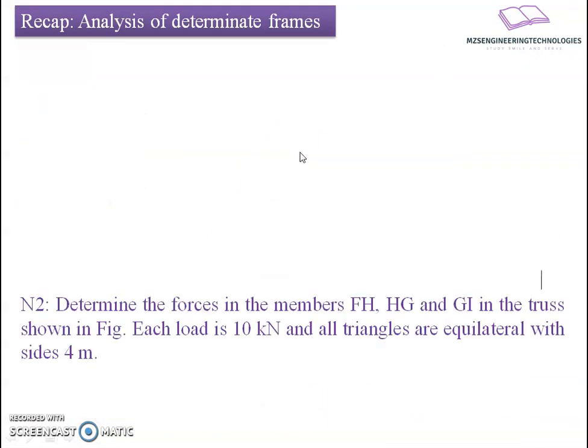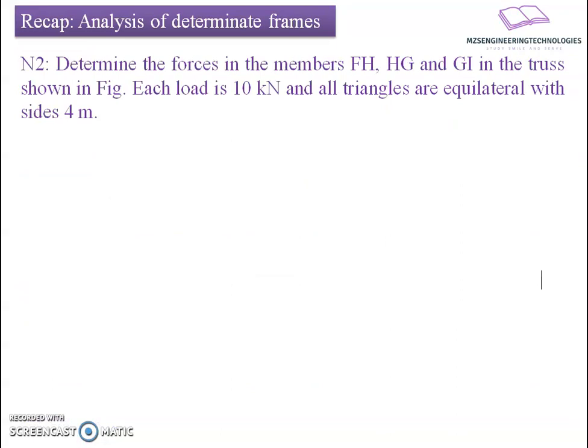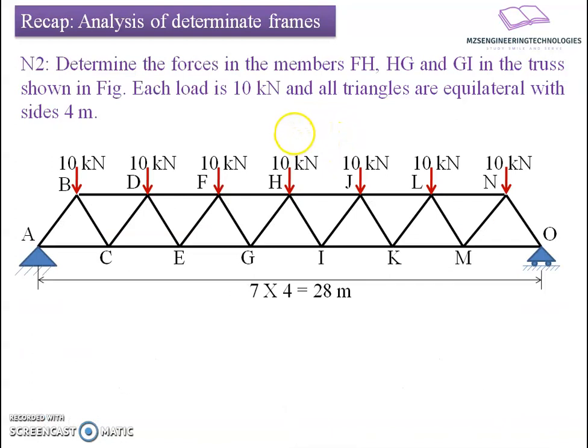Now let us move towards the recap of analysis by the section method. Determine the force in the members FH, HG and GI in the truss shown in the figure. Each load is 10 kilonewton and all triangles are equilateral with sides of 4 meter. The geometry is given here, and we are going to find the forces in members FH, HG and GI.